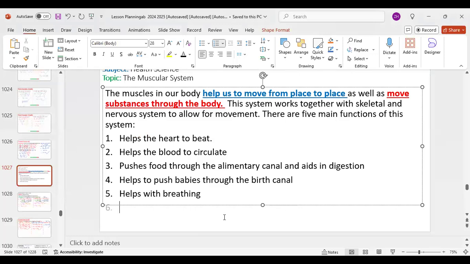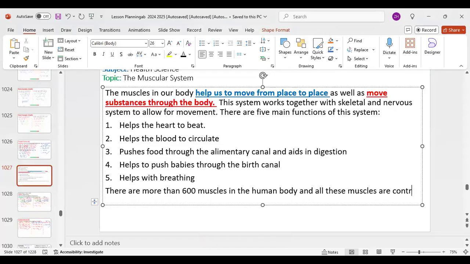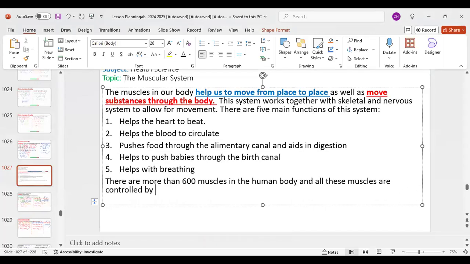Okay, so let's talk about the amount of muscles we have. There are more than 600 muscles in the human body, and all these muscles are controlled by what?